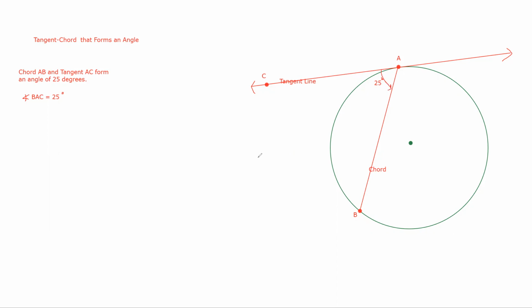Okay? There's a formula that goes along with this that says the measure of the arc when you have a tangent chord situation equals 2 times the angle they create.